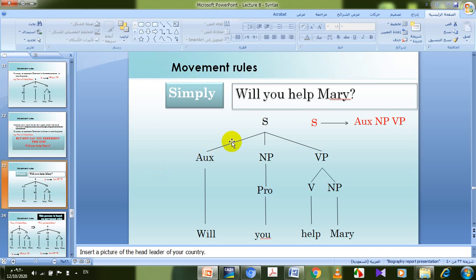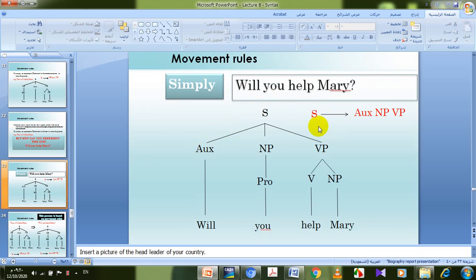Will you help Mary? It is very easy even. Sentence, automatically, then will, auxiliary. You help Mary: noun phrase, verb phrase. So it's the same, but the auxiliary, instead of being here in the middle, becomes the first one on the left. Then we have noun phrase and verb phrase.